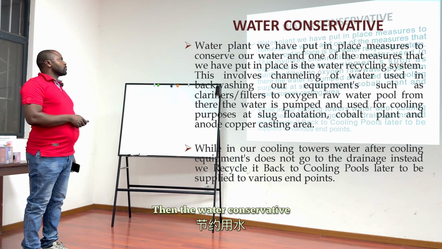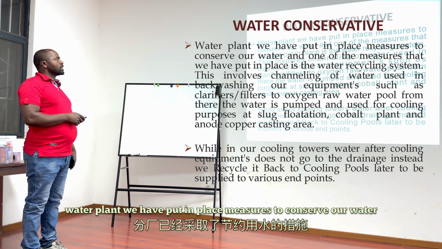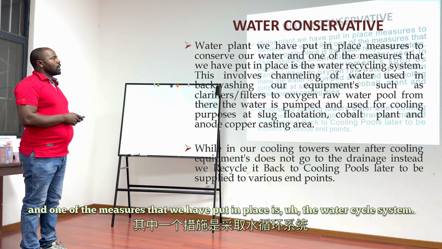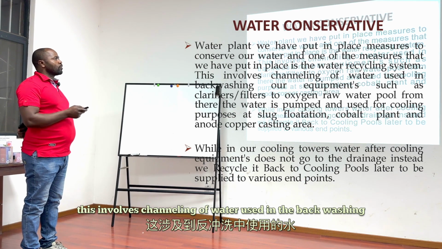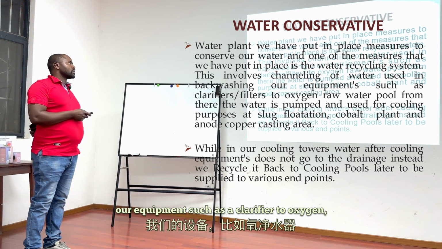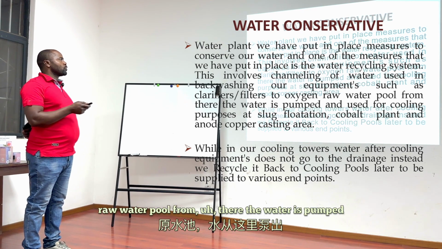Water conservation. At the water plant, we have put in place measures to conserve our water, and one of these measures is the water recycle system. This involves channeling water used in backwashing our equipment, such as the clarifier, to the oxygen low water pool.